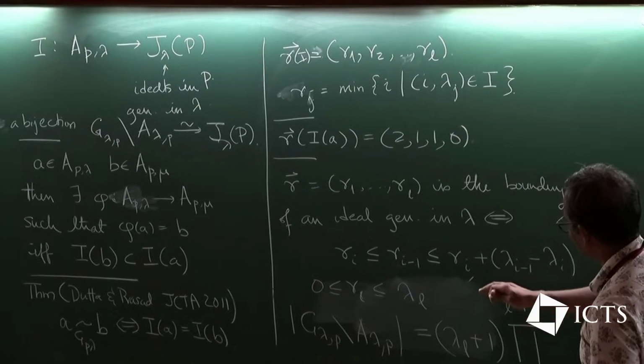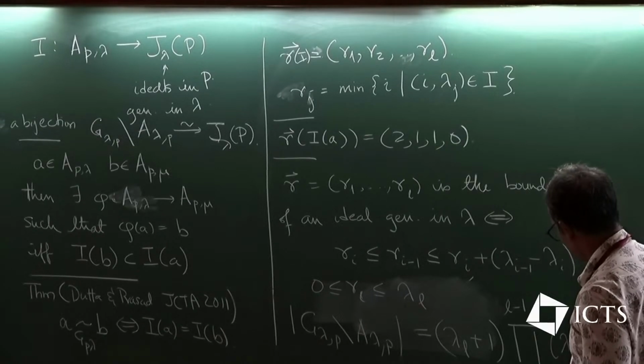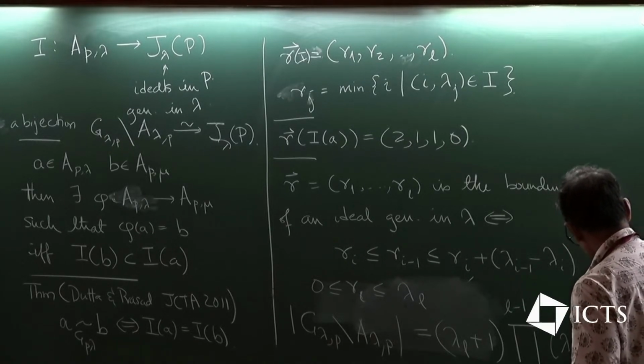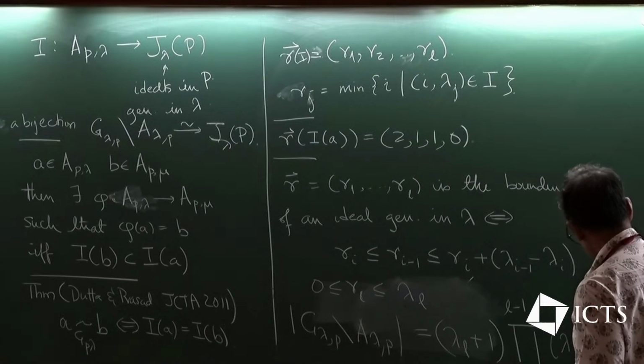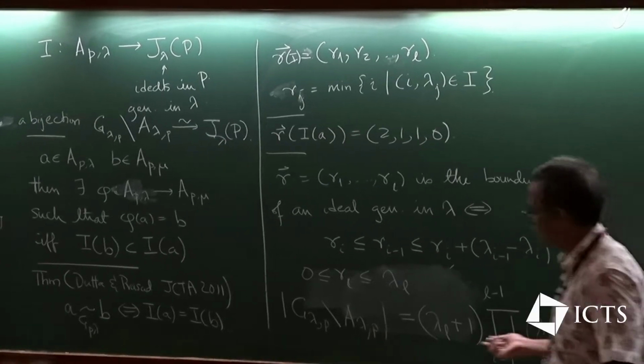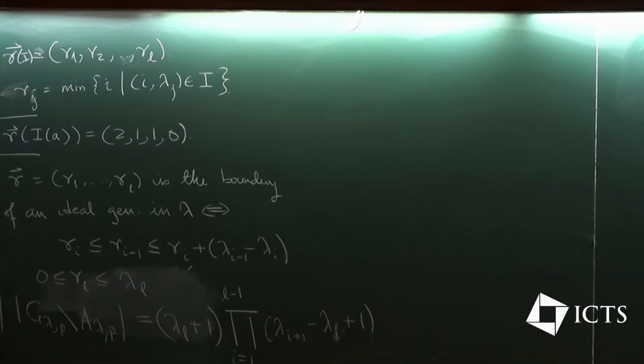Having fixed R_L, the number of choices for the next thing is R_i plus 1, or should it be lambda_i? Yeah, I think this is correct. So you can get a formula for the number of orbits. And what's interesting here is that this number does not even depend on p. It's completely independent of p.